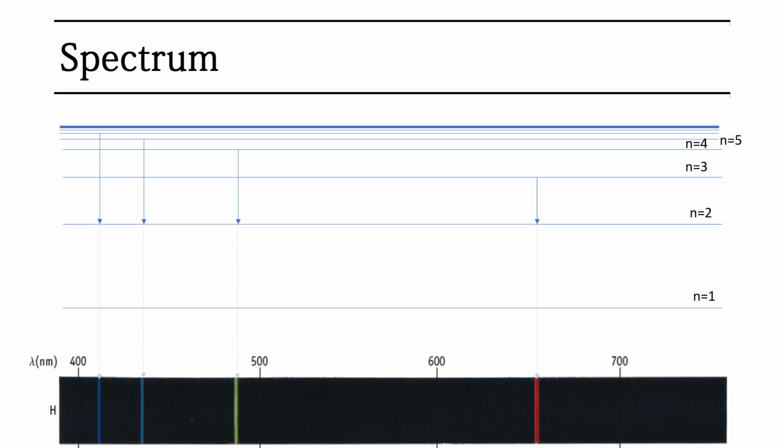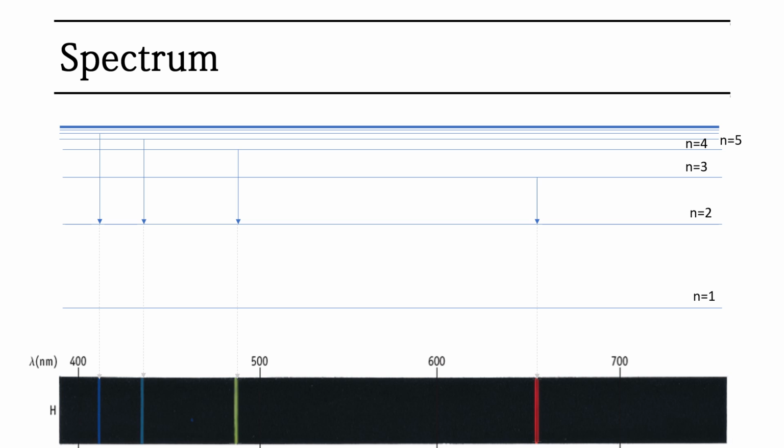From this experiment, we can understand that the energies of electrons are discrete values. That means there are countable numbers of energies, not continuously existing ones. That is why we call them quantized energies.